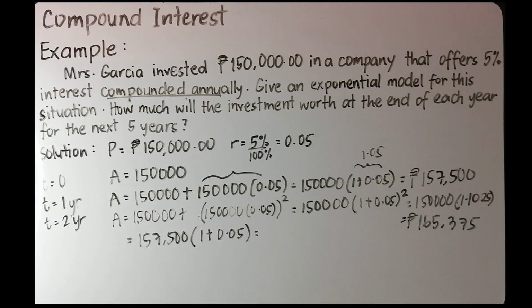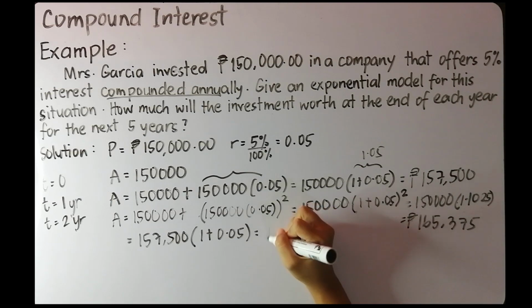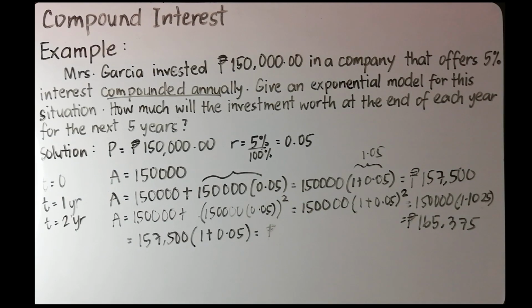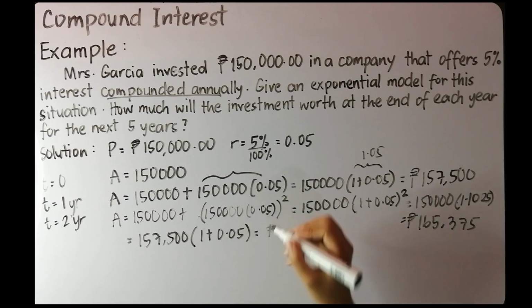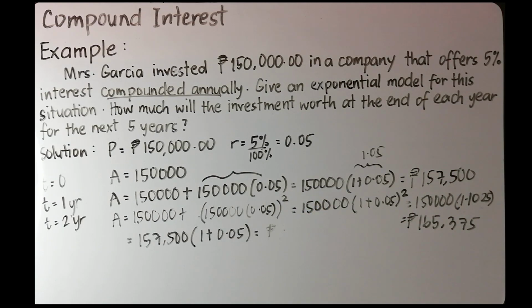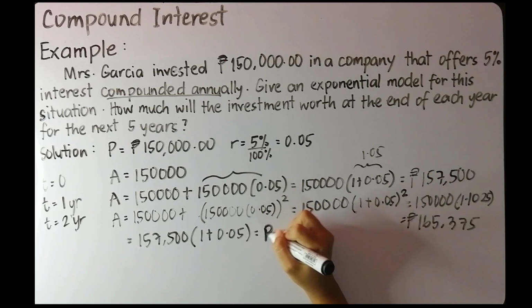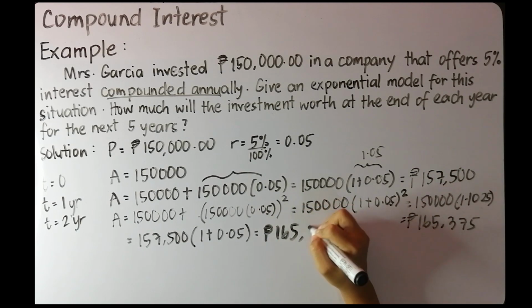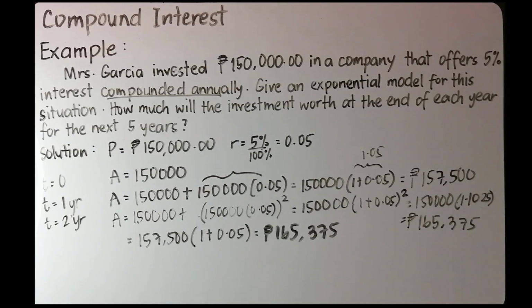How about this one? 157,500 times 1 plus 0.05, that is 1.05, which equals 165,375 pesos.